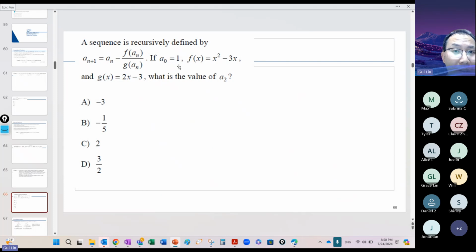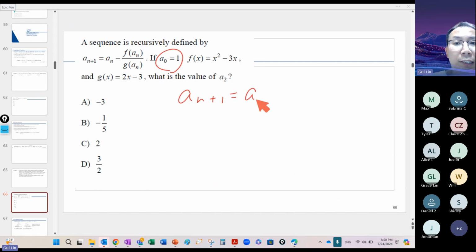A0 equals 1, we give you the initial one. If they give the initial one, we can work based on what they describe. So we say a n plus 1 equals a n. This is the previous term, this is the next state, minus f of x.